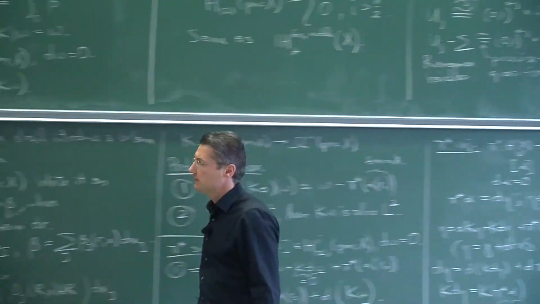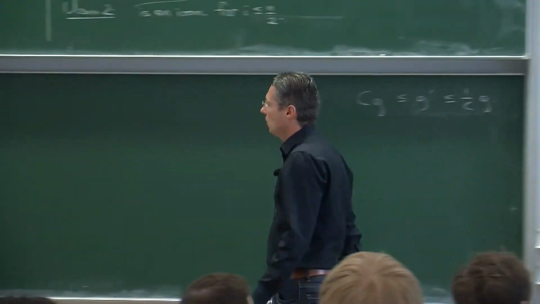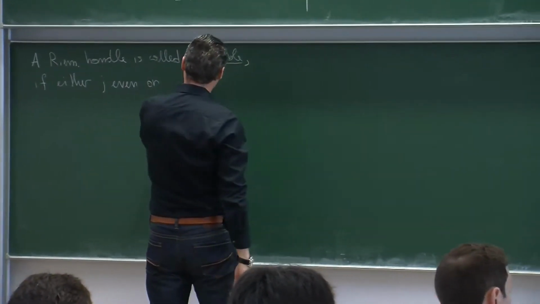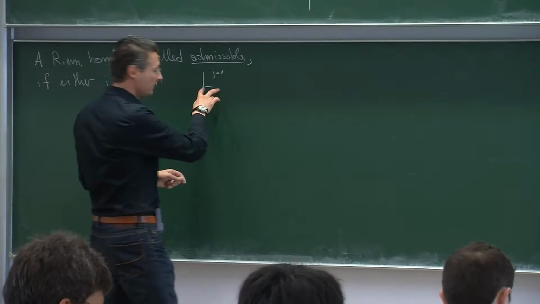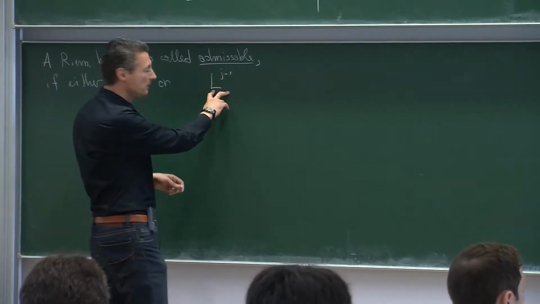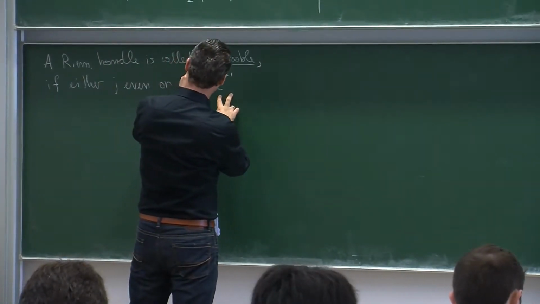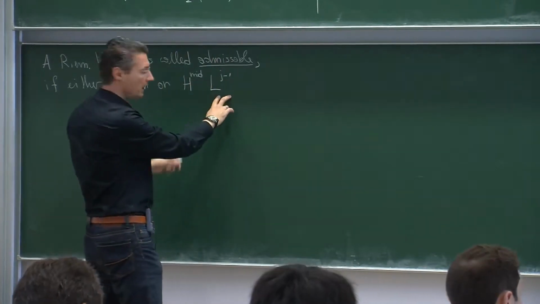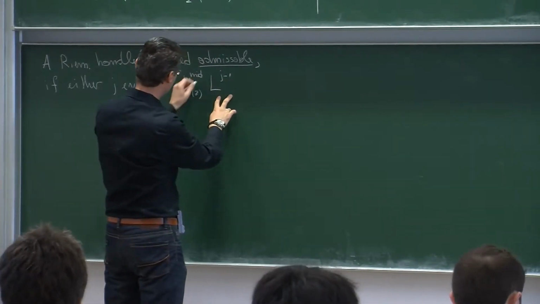But in the other case, where J is odd, J minus 1 is even, so this is an even dimensional space, so it has a middle dimension that you can look at, and you look at the middle dimensional L2 cohomology.